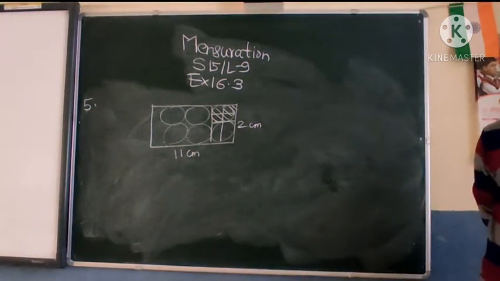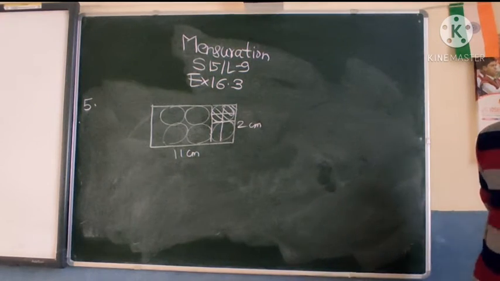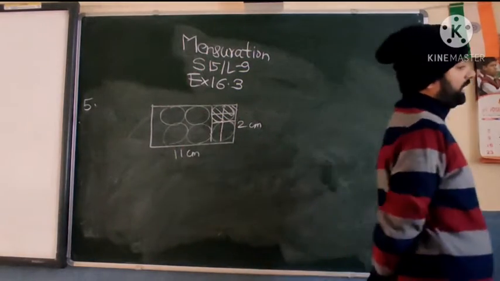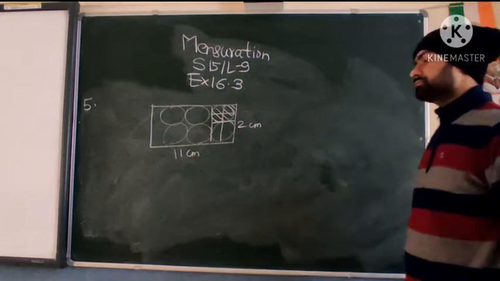So 0.5 by 0.5. They are asking to calculate the number of discs that can be prepared. So first of all, what we do is the number of squares. What is the area of one square?